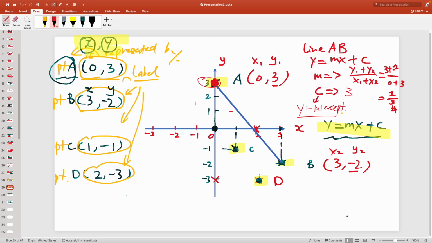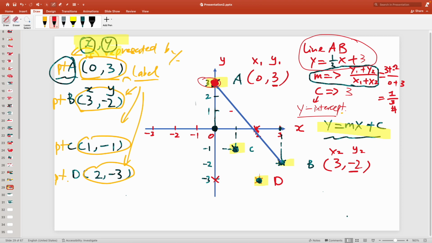Done. So for your line AB, your gradient is already found, given by this formula. Then your c is the one that cuts the y-axis, so it's 3. So you replace your c. The name is there already. So this is line AB. The label for line AB is y equals to 1/3 x plus 3.